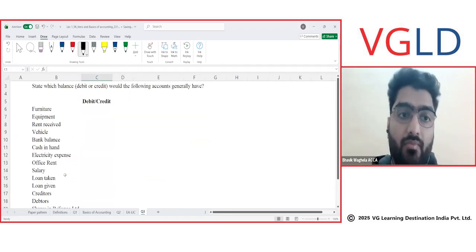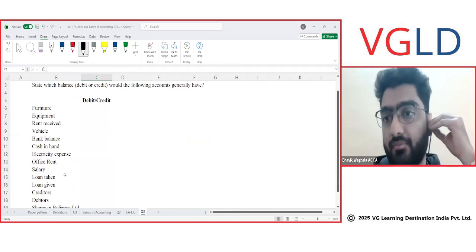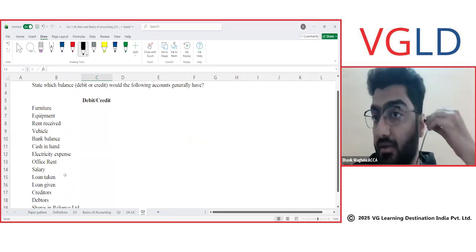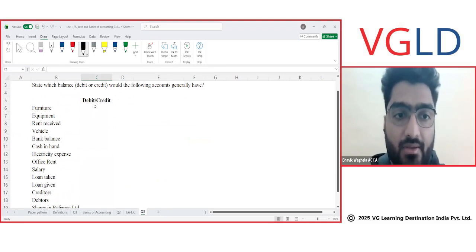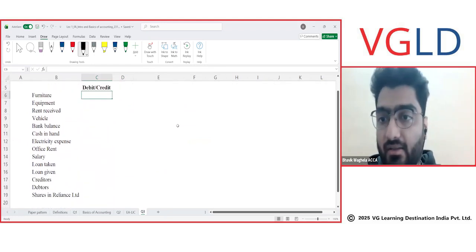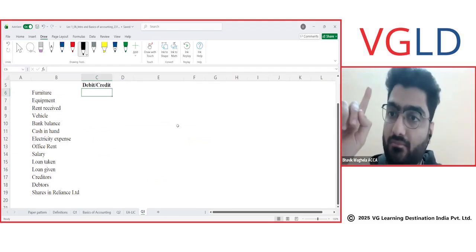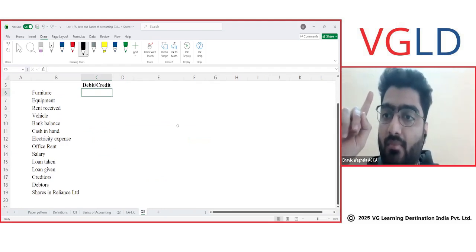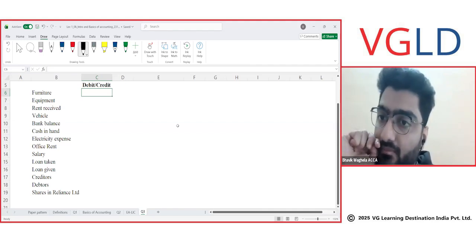Now state which balance, debit or credit, the following accounts would generally have. So how do we arrive at the answer? You'll have to tell me whether this is an income, expense, capital, liability, or asset. If it's income, liability, or capital, you will say credit.